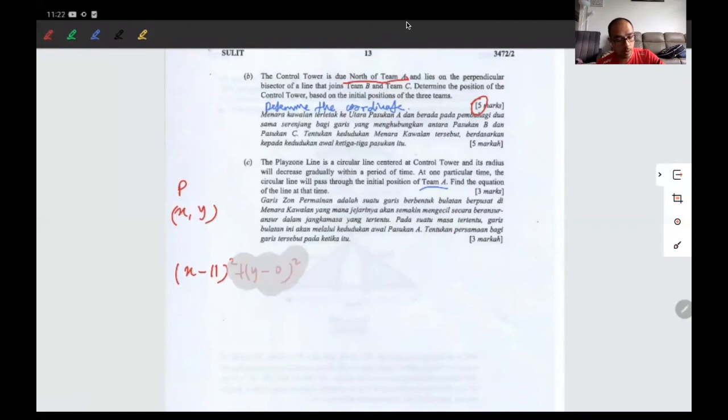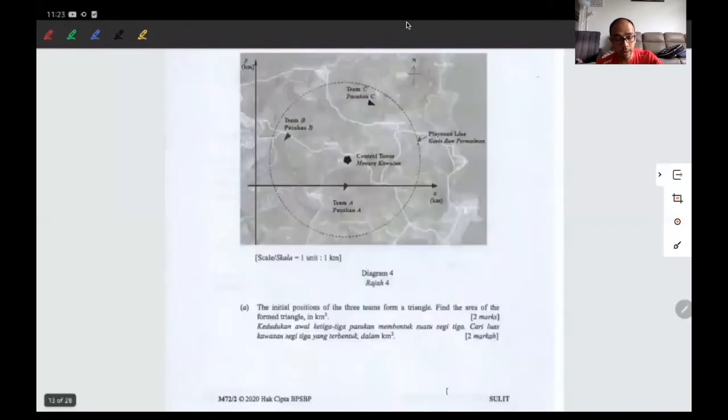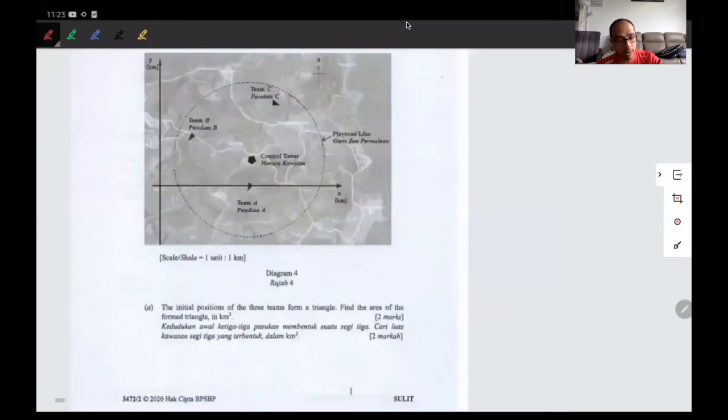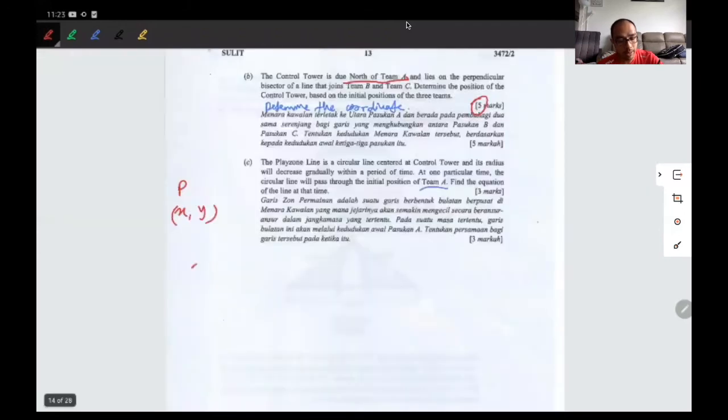So the position of the circle is always xy. One time it will pass through team A, but actually there's always a difference. So that means your locus will be x minus 11 squared plus y minus 3, because they're always centered at the control tower.